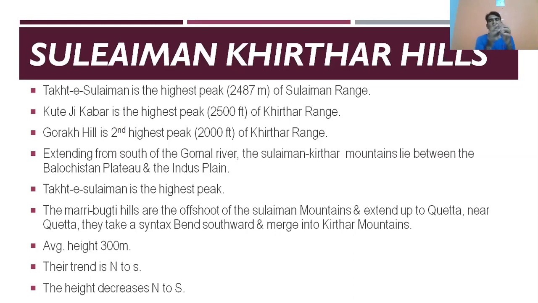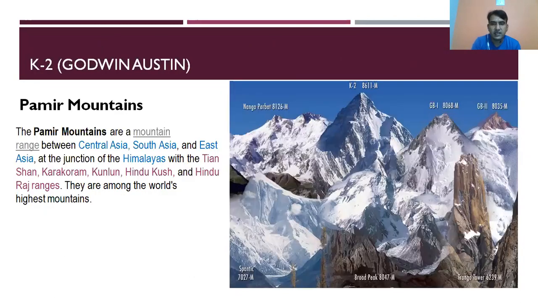The Sulaiman-Kirthar mountains are mostly found in the Western Highlands, which, as I told you, include the Hindu Kush, Karakoram, and Himalayas. They lie downward from the north and northwest, in the western part of Pakistan, as I show in the slides here.